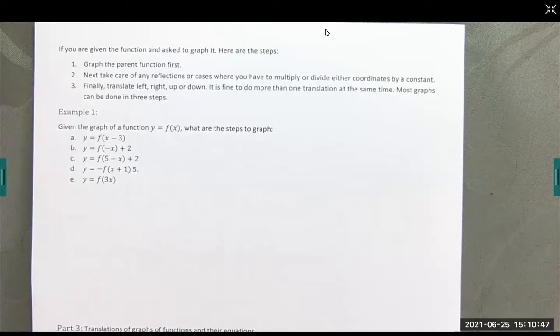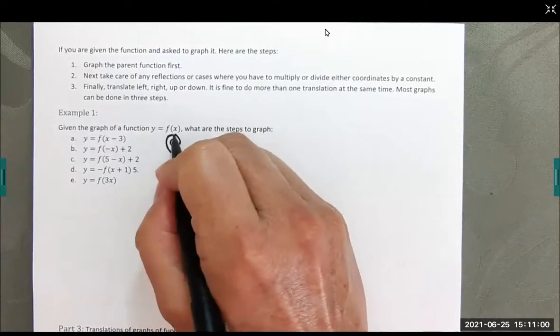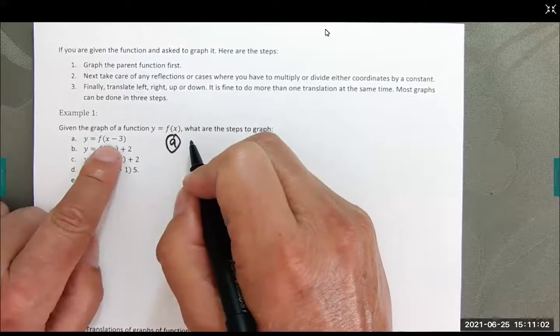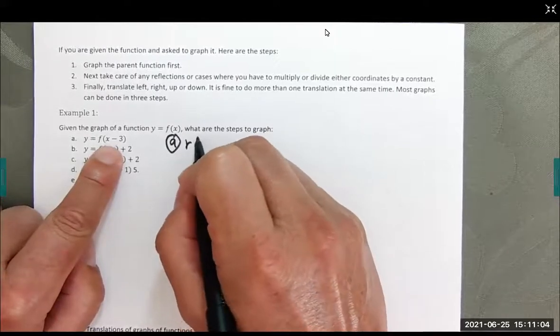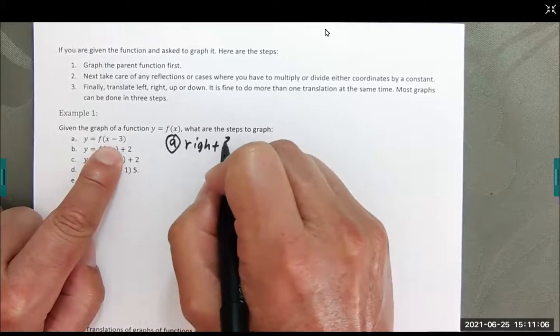All right, example 1. Given the graph of the function y equals f of x, what are the steps to graph? So for our first one, for part A, because it's -3, we're going to go to the right 3 steps.